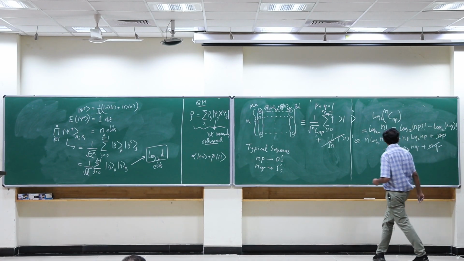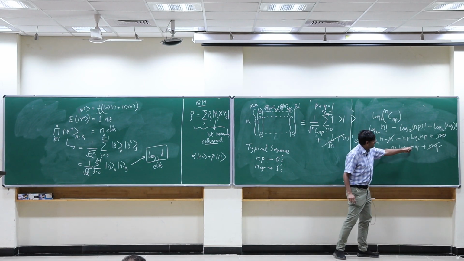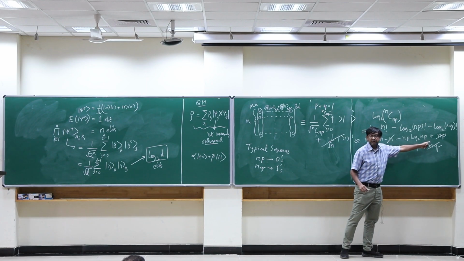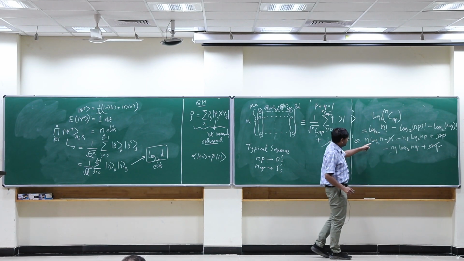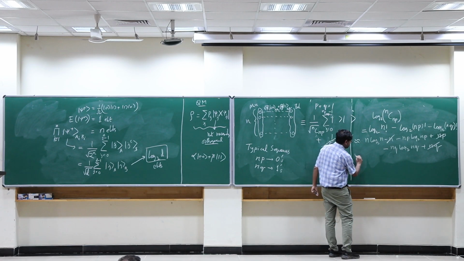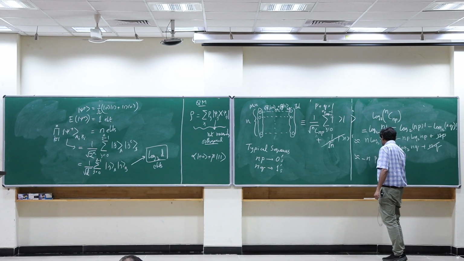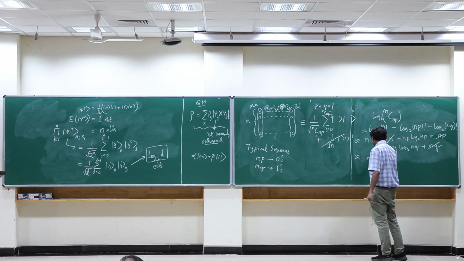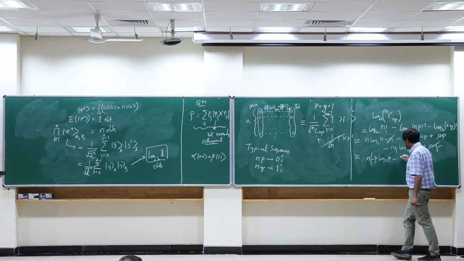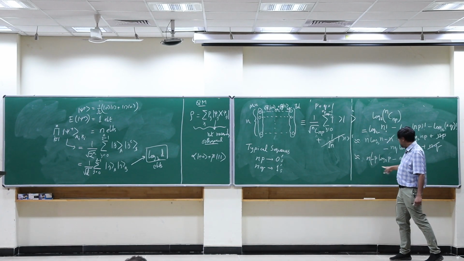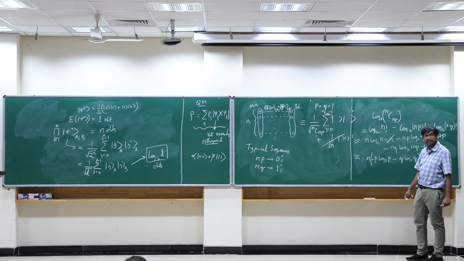There is also that term, you can write it as log n plus log p. That will cancel with this one, so you will be left with n times minus p log to the base 2 p minus q log to the base 2 q. So this collection has n times this amount of entanglement.